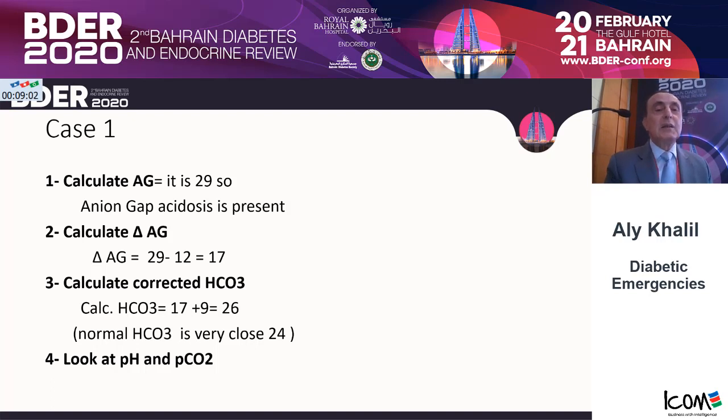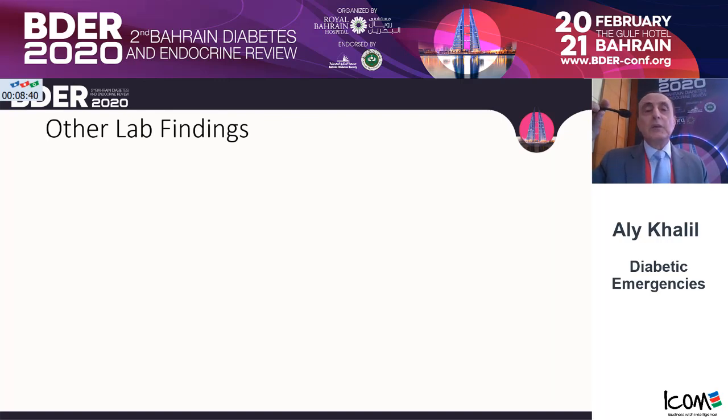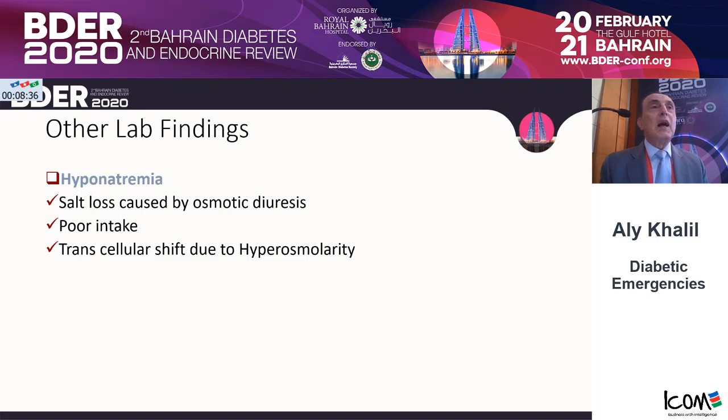So in this case, the pH was down, the bicarb was down, so it's a pure high anion gap metabolic acidosis. Just for those going by levels, the anion gap expected in DKA is more than 12, and less than 12 or normal in hyperosmolar hyperglycemic syndrome. Other lab findings could be relevant.